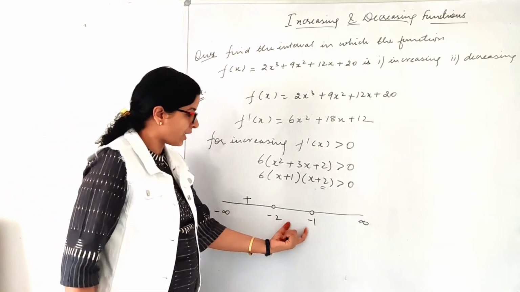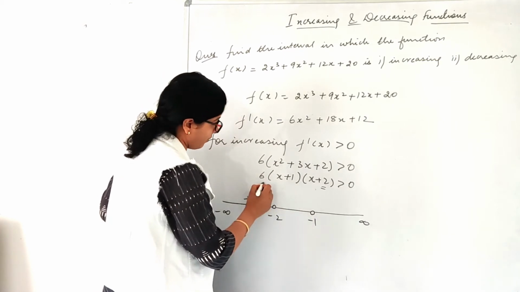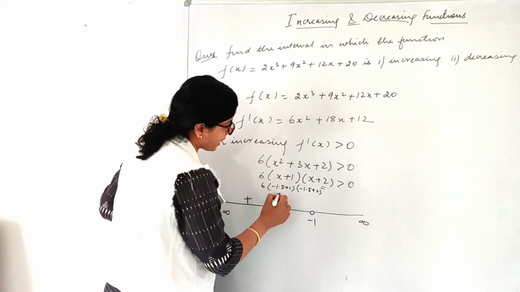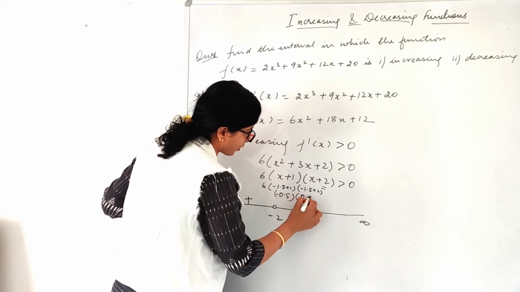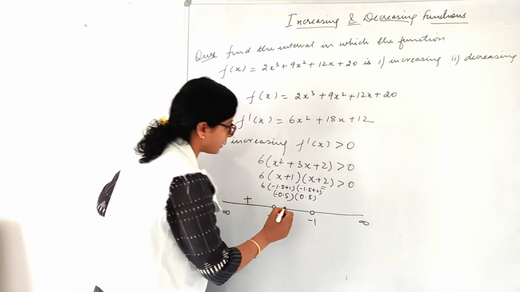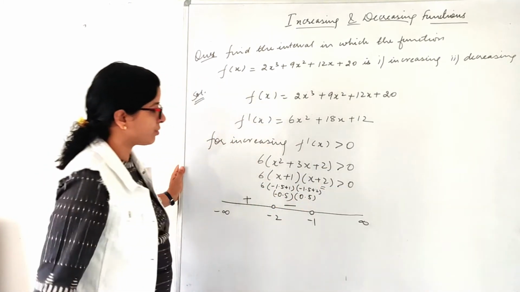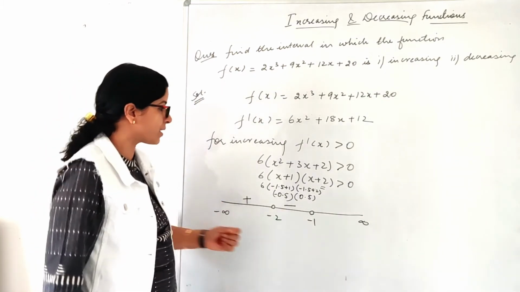Now let us substitute any value between these two. So let us take -1.5, right? So here I'll get -0.5 and here I'll get +0.5. So the product of a negative and positive is always negative. So in this interval, my function won't be increasing.